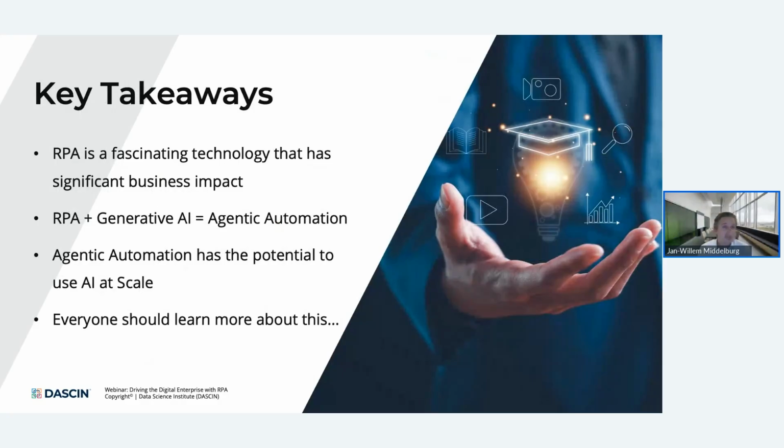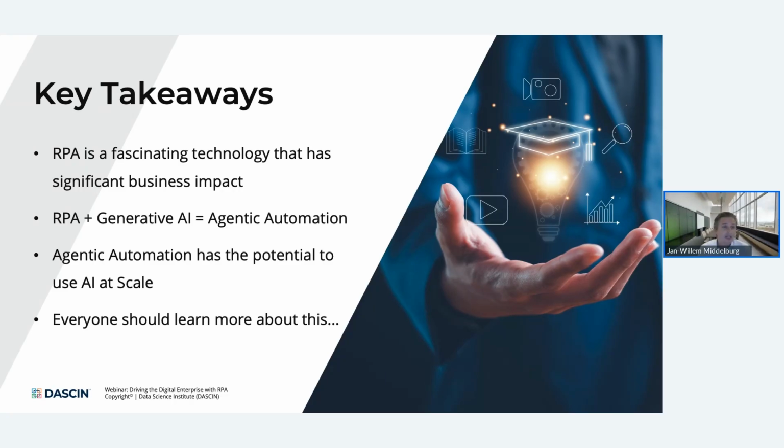Good. So I know we're going through the time very, very quickly today. So I'm hoping that so far you have understood a little bit better around what RPA is, and now understand the underlying components that are driving RPA solutions. And it's fair to say that RPA is a fascinating technology.